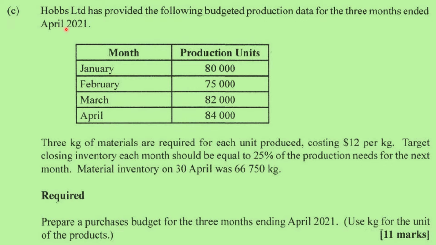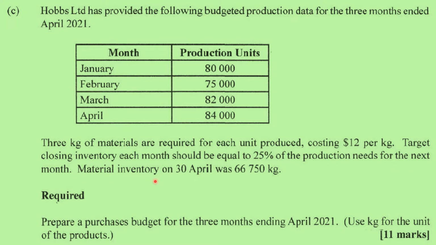Hubs Limited has provided the following budgeted production data for the 3 months ended April 2021, and we are given the month from January to April and the amount of units that is required to produce. 3 kg of material are required for each unit produced, costing $12 per kg. Target closing inventory each month should be equal to 25% of the production needs for the next month.